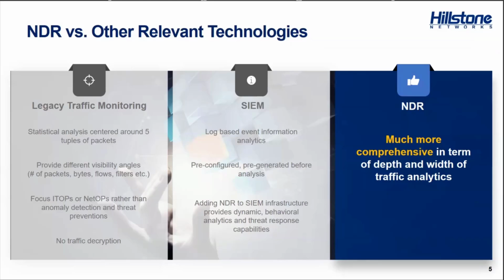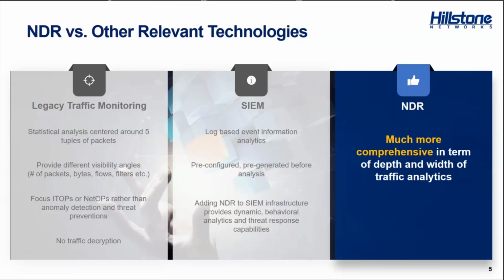We can also provide quite strong filtering capabilities in traffic monitoring. Traffic monitoring is mostly used on the operation side, either IT operation or network operation, rather than the threat detection or threat prevention side.